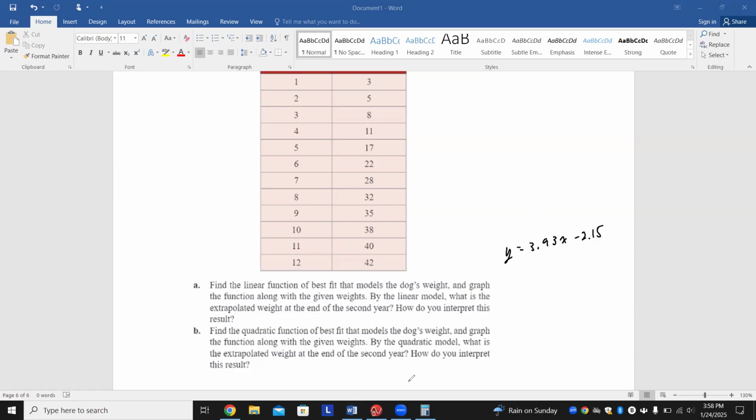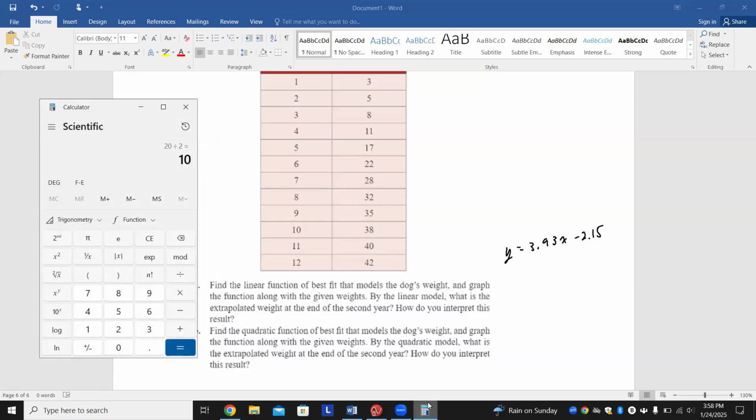Ask the same thing. What is the approximate weight? This was a little different. What is the weight at the end of the second year? So that's going to be 24. So all you got to do is plug in a 24 there. So I'll just use a calculator. That seems to be a little bit easier. So 3.93 pounds per month times 24. And then it started at negative 2.15 pounds.